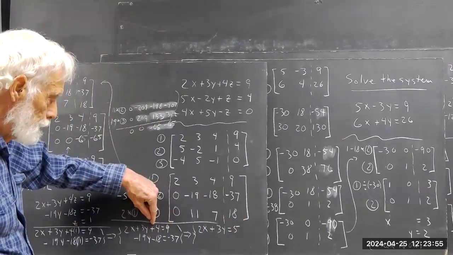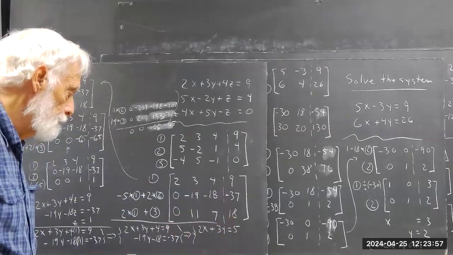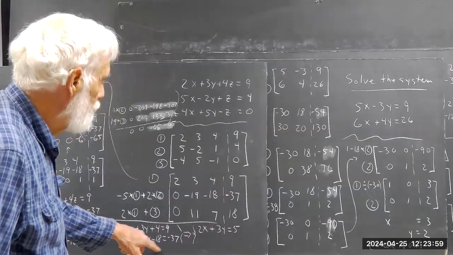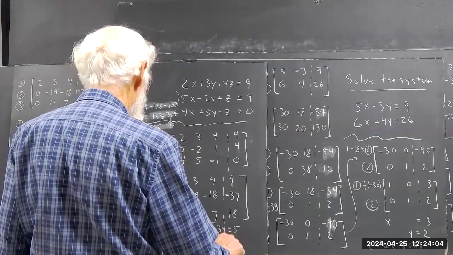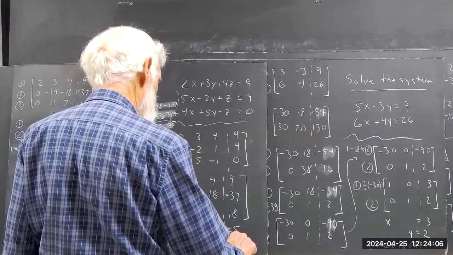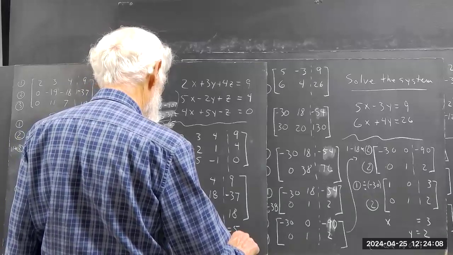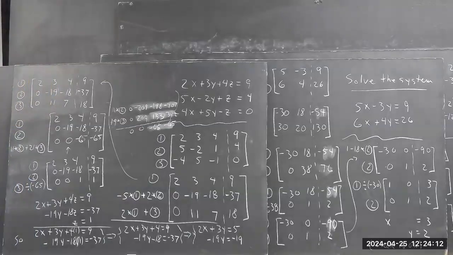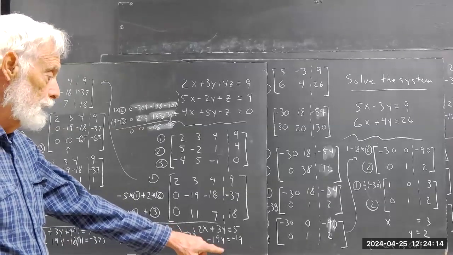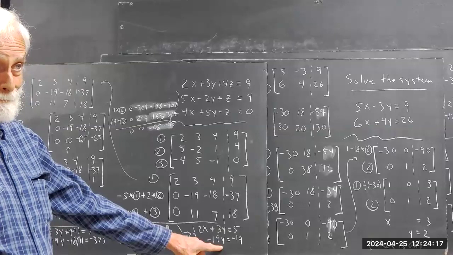That's going to get rid of the 4 here and leave me 5 over here. And then I'm going to add 18 to both sides here. And I'm going to get -19y equals -19. If -19y equals -19, that tells me that y is 1.